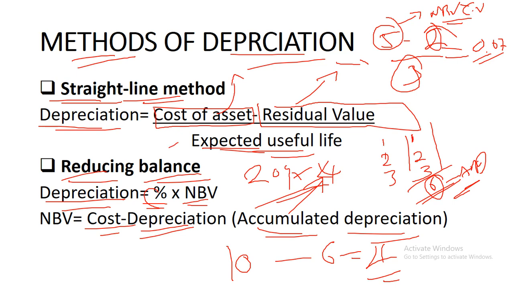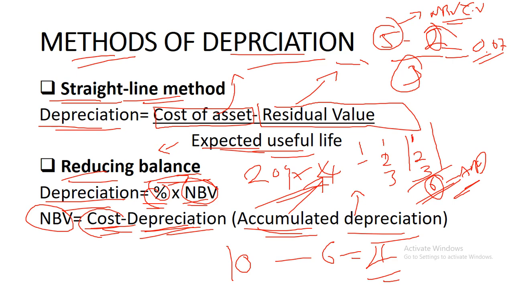So for the reducing balance method, the depreciation charge is multiplied by the net book value, and the net book value is calculated by deducting the accumulated depreciation from the cost. So what's the accumulated depreciation? The accumulated depreciation is the depreciation over the period.